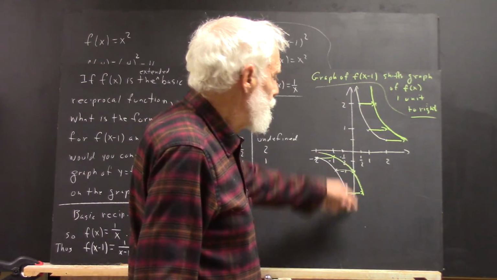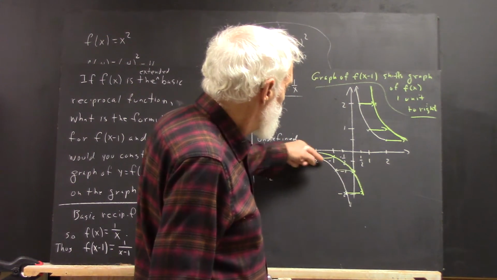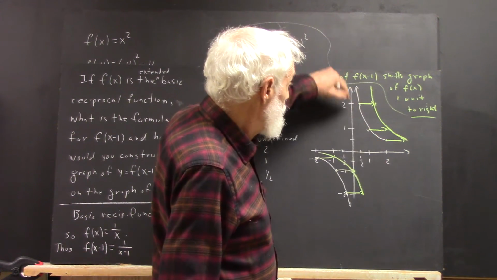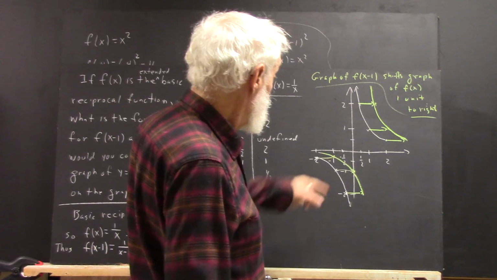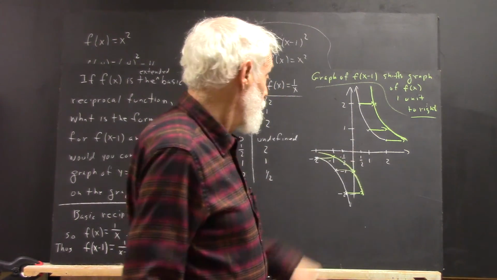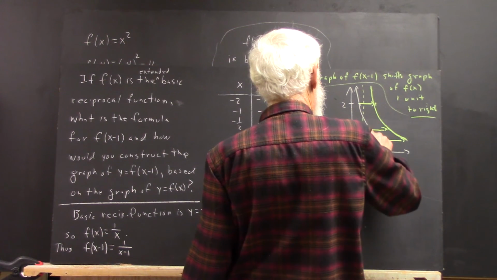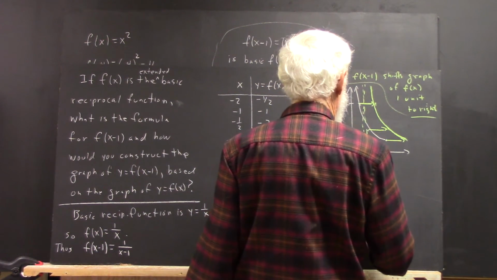And also, the y-axis is an asymptote. This graph approaches the y-axis as an asymptote. Your asymptote also shifts 1 unit to the right. Well, let's get through the right point here. Okay?